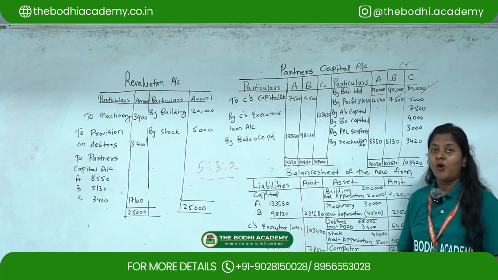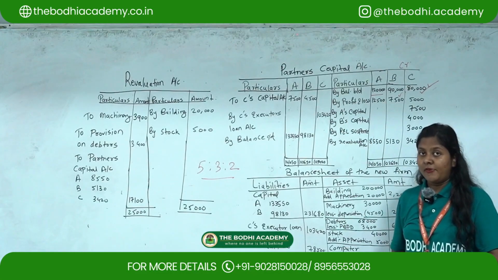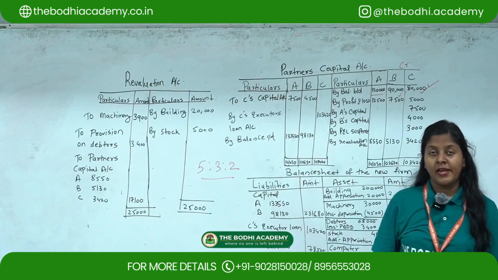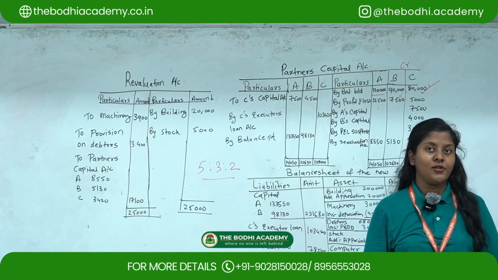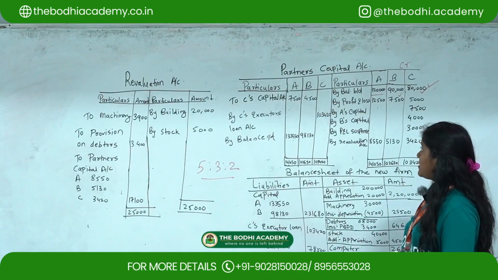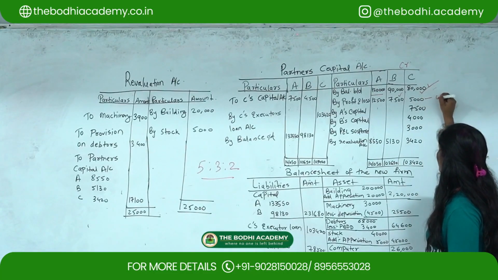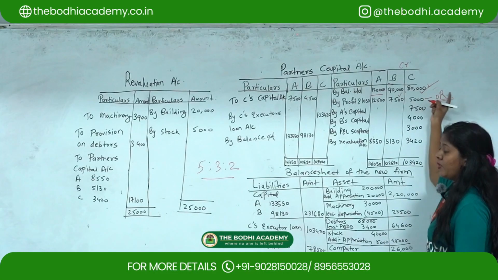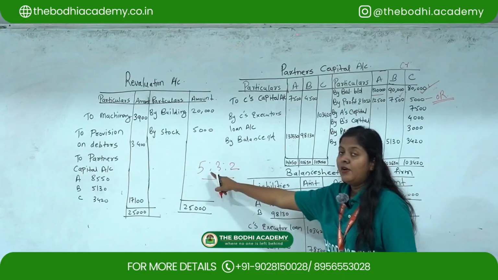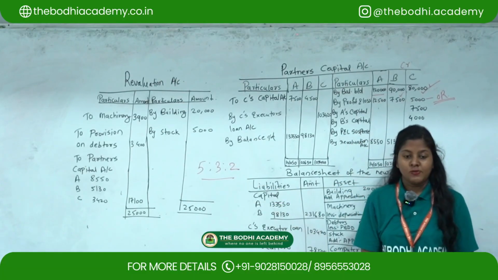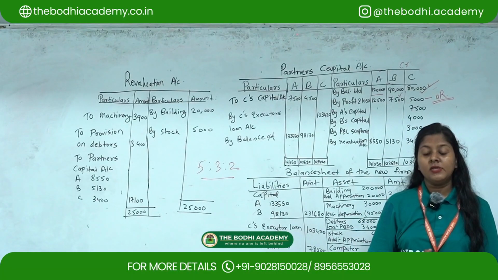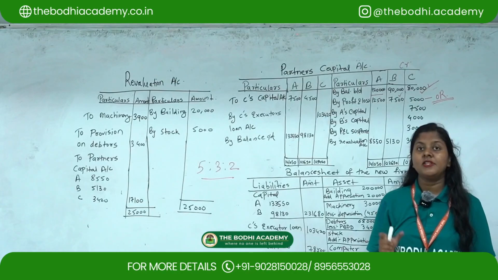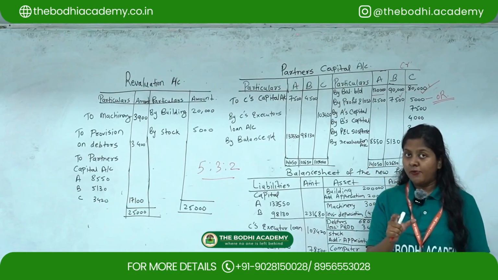Then the profit and loss account. With regards to the profit and loss account, we always distribute it like we distributed the general reserve, in the old ratio of the partners. Here the old ratio is 5 is to 3 is to 2, and the total profit and loss amount given is 25,000.